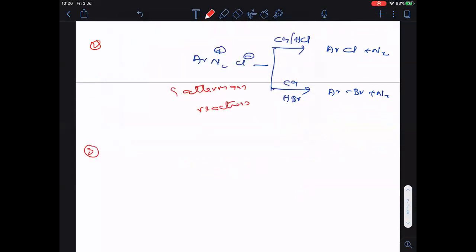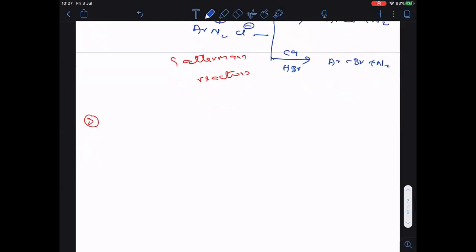Let us take the third chemical property. Write quickly, everyone. Now, third chemical property.